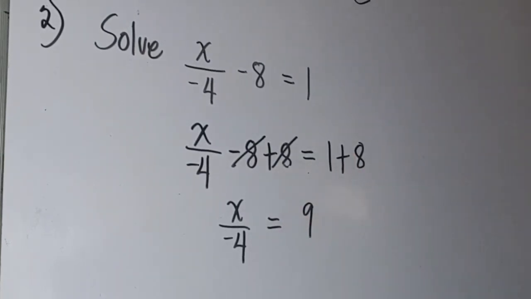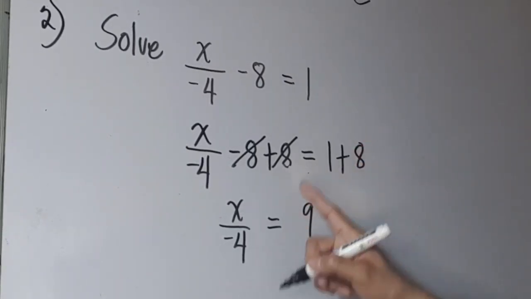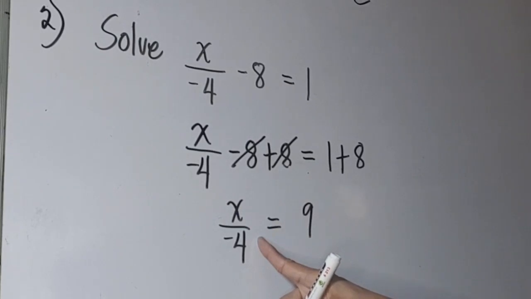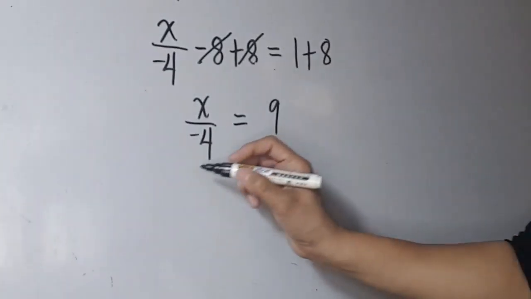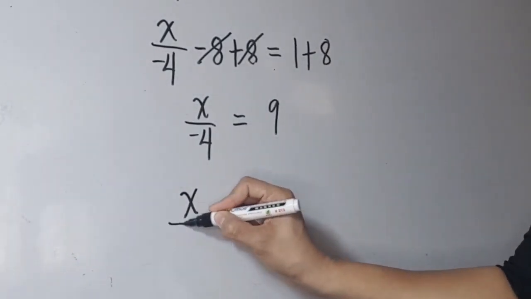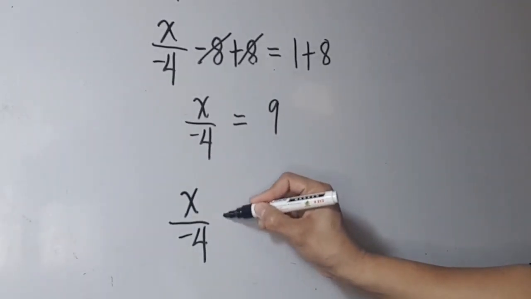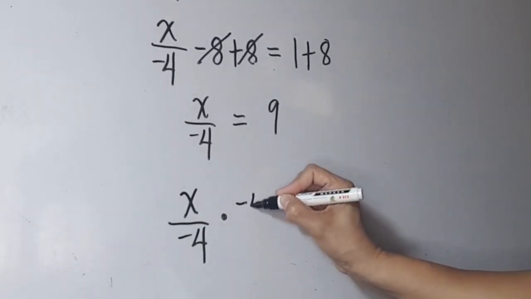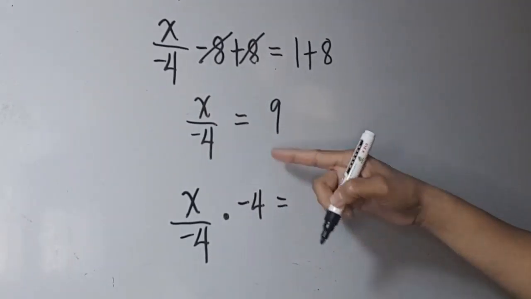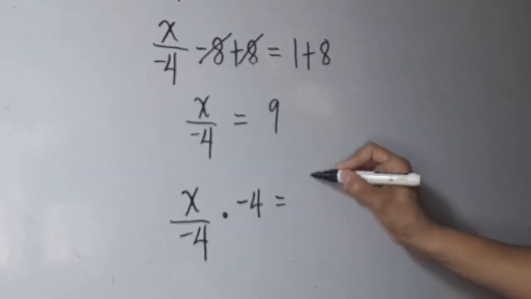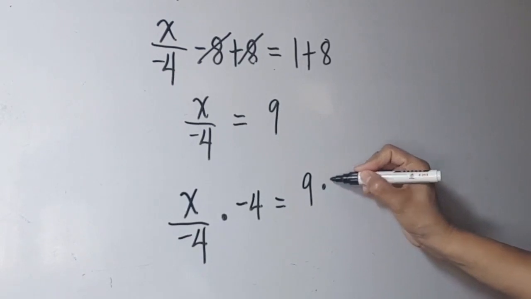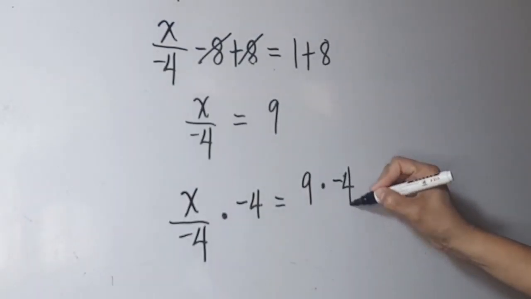Okay. The next operation, we have here x over negative 4, or that is division. So, we have to isolate it by multiplying. Okay. We are going to multiply this side by negative 4. So, we have x over negative 4 times negative 4. So, you also multiply the right side. We have 9 times negative 4.